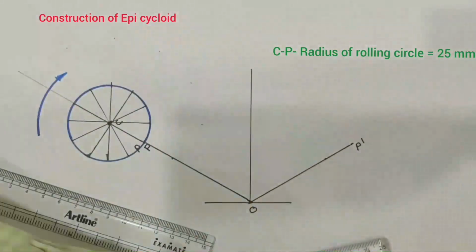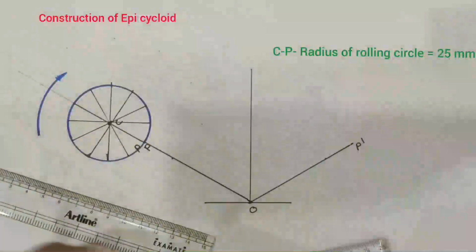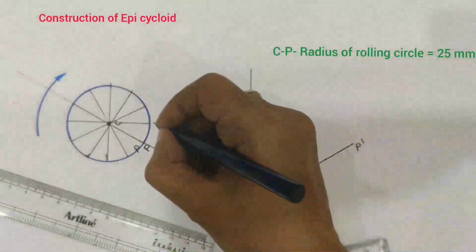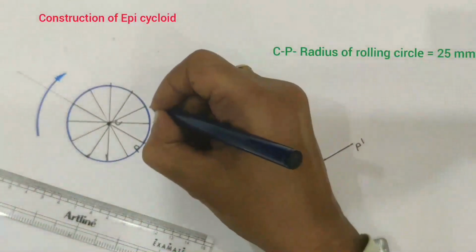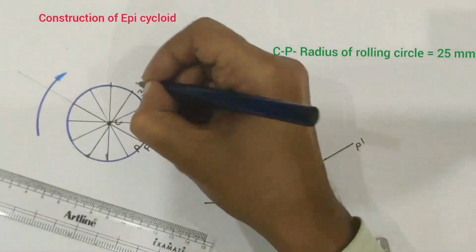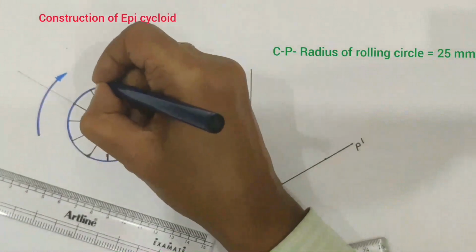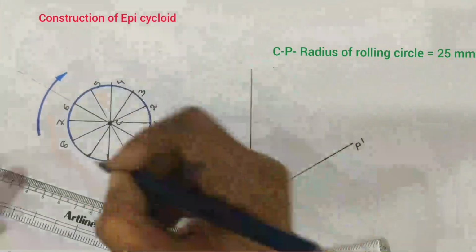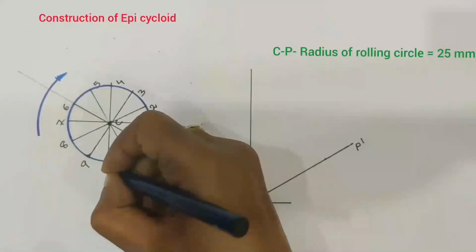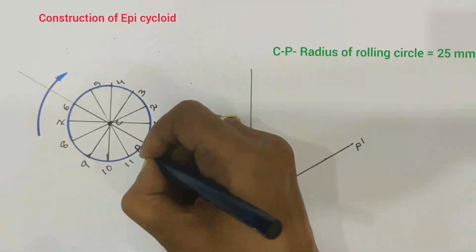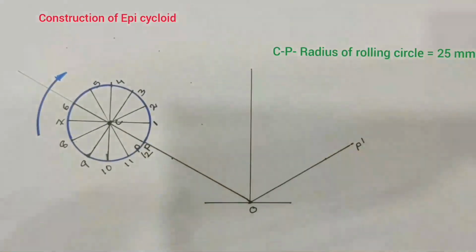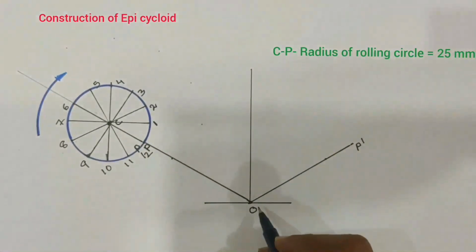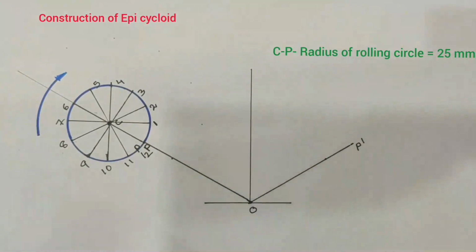After that, give numbers on the rolling circle, say 1, 2, 3, 4, 5, 6, 7, 8, 9, 10, 11, 12. Now, this angle OPP dash is 120 degrees.